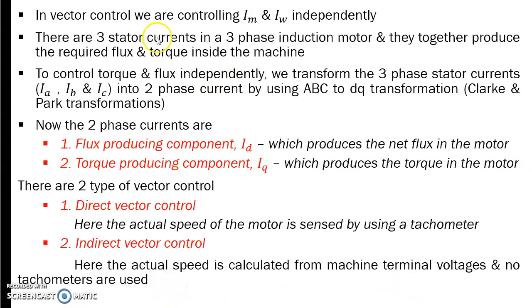So what is the requirement in a vector control? We are controlling these two components independently. The stator current is a three-phase quantity, IA, IB and IC, but we need to convert these three stator currents into two.